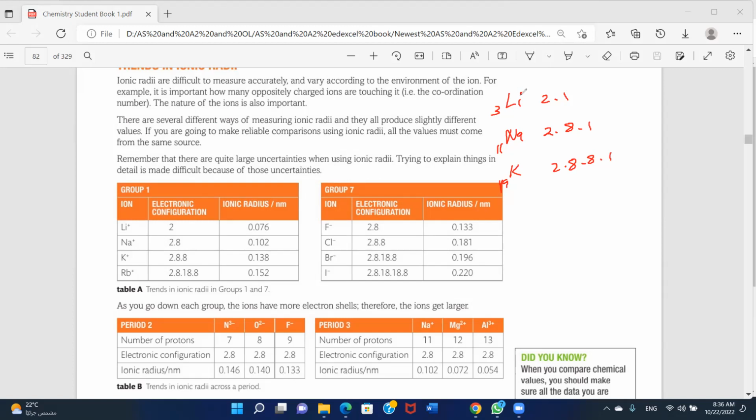Now, when they form ions, they will lose this outer electron. But still, lithium has only one shell in case of ions. When it lost this outer electron, it had only one shell containing the 2 electrons.